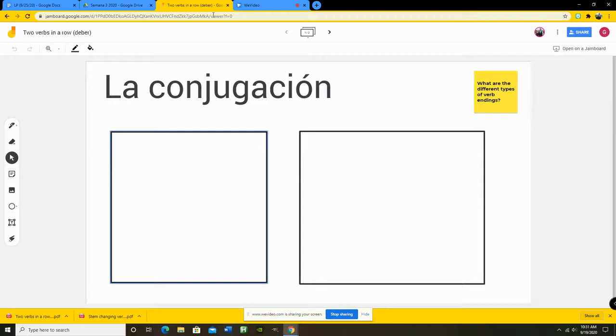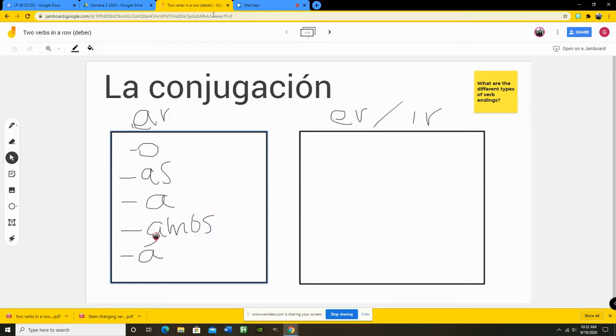We have three categories of verbs. We have, as review, AR, ER, and IR verbs. Our verb endings, now these are going to go in order from yo: o, tú: as, él: a, nosotros: amos, vosotros: áis, and ellos: an.